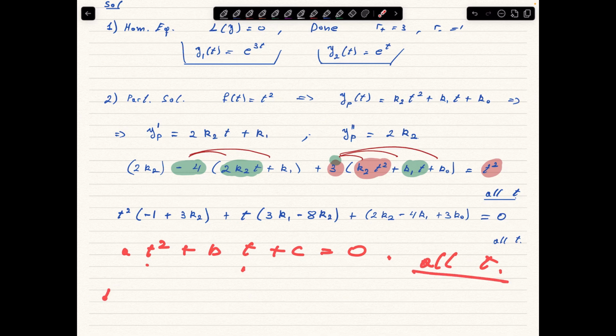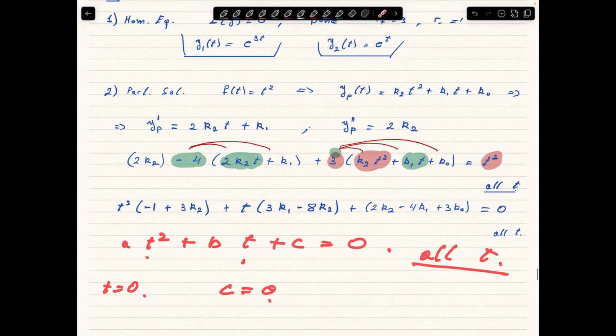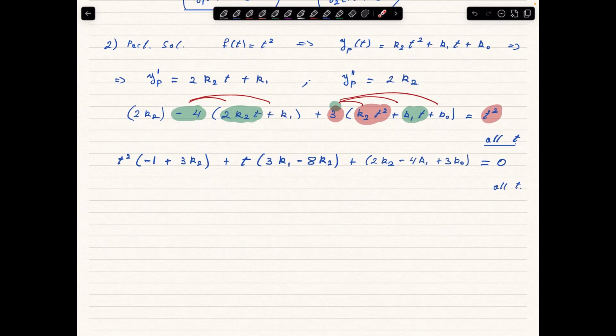In particular, at t equals 0, the equation also has to be true, which means that c has to be 0. So you see there is an easy argument here: if you have an equation of the form at squared plus bt plus c equals 0 for all t, we can evaluate the equation at 0 and we are going to get that the coefficient c has to be 0.